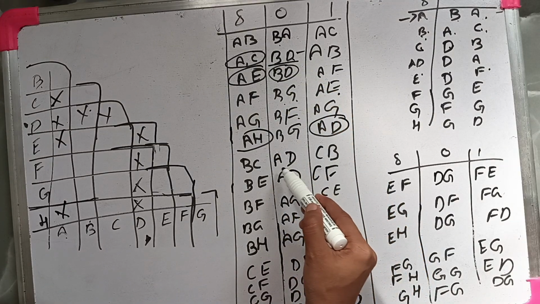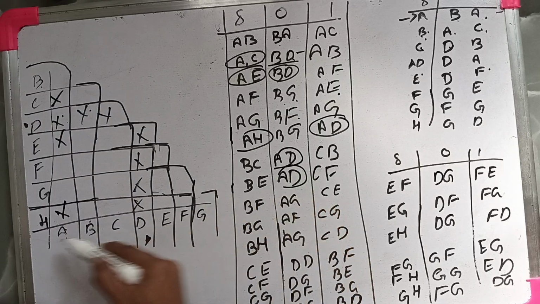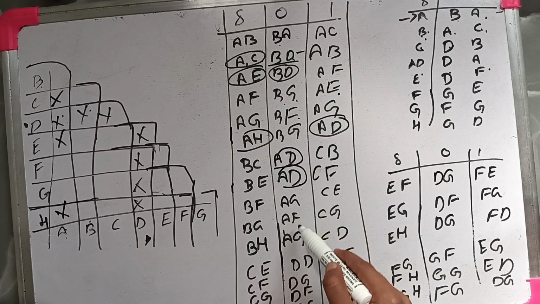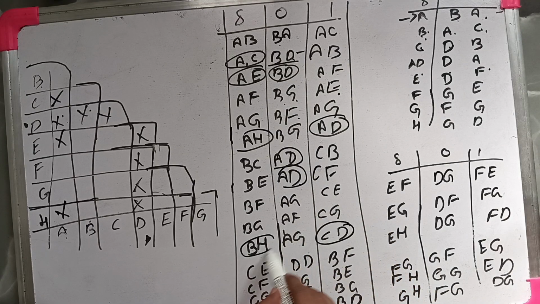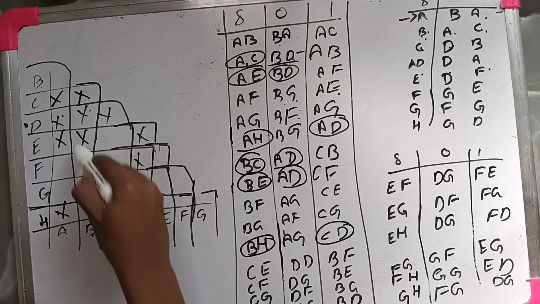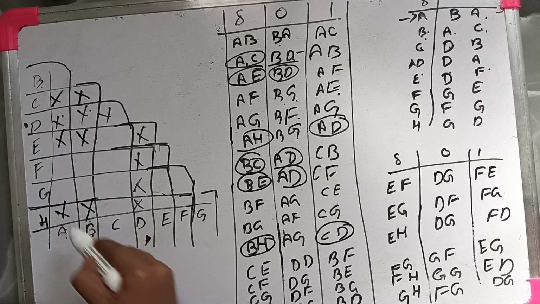Next in the BC, search AD, A and D marked here, again A and D marked here. After that, here C and D is there, mark BC, BE and BH, okay.